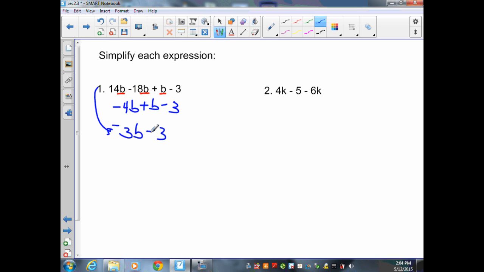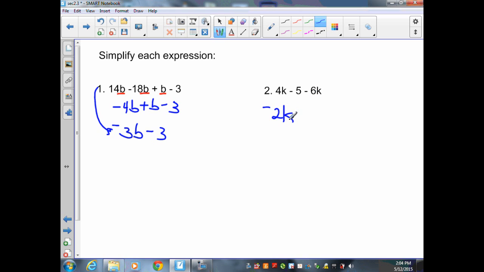Number 2, like terms, 4k and 6k. Now this is kind of a trick because what you see is I have 4k, but this is the sign I want to use that goes with the 6, 4k minus 6. So in that instance, I want to subtract 4 minus 6, or 4 plus a negative 6. Different sign, subtract, I get 2, but the sign of the larger is 6, which is negative.